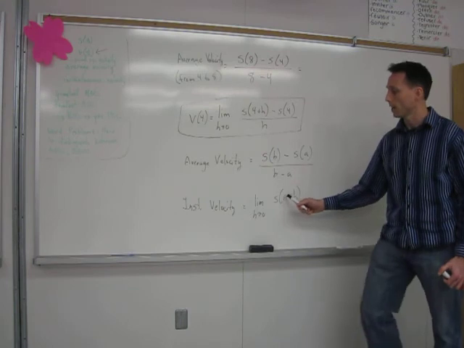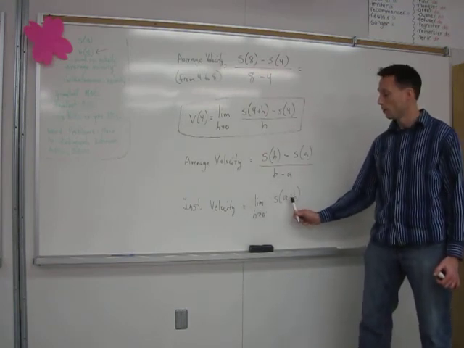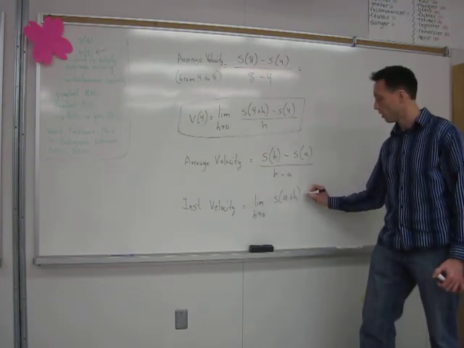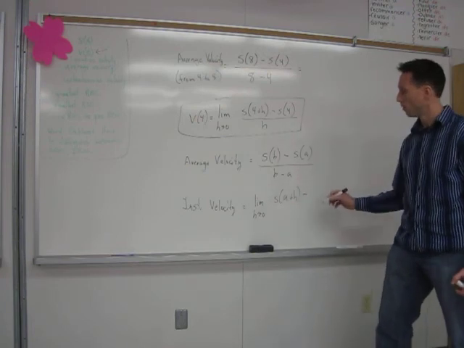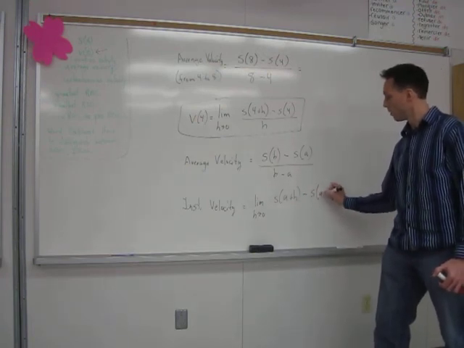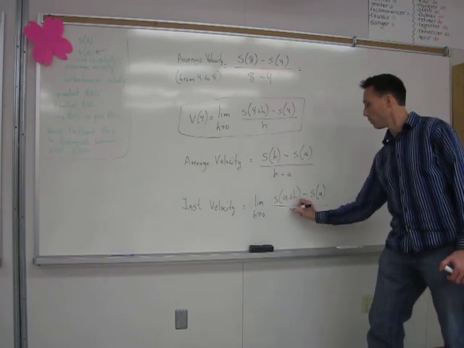So I'm not saying exactly where, I'm saying anywhere you want, plus h. Now we're going to make that h really small. We're actually going to make it approach 0, minus s of a all over h.